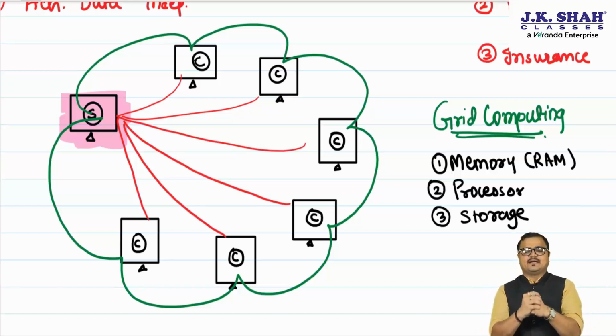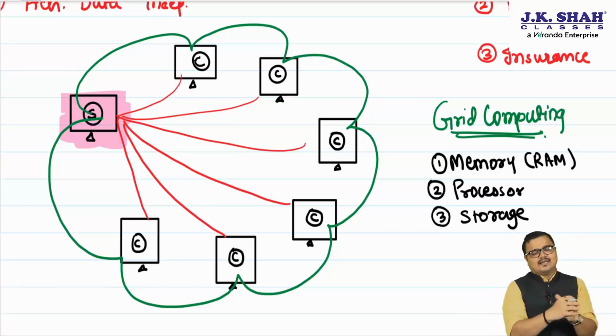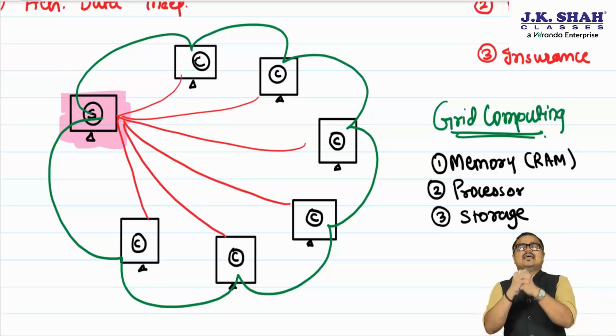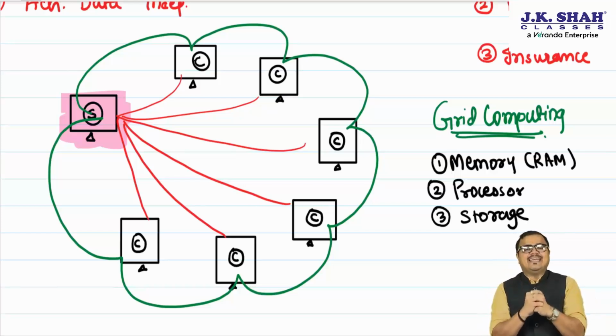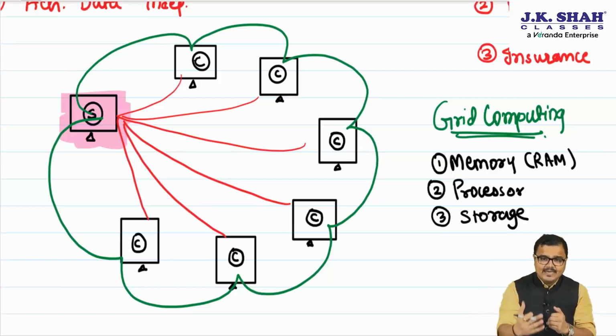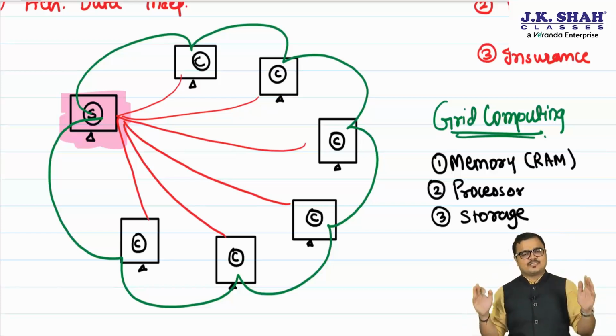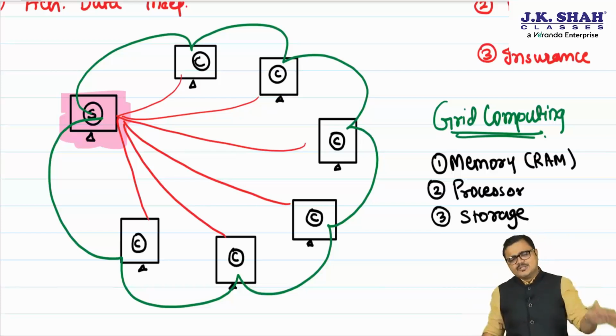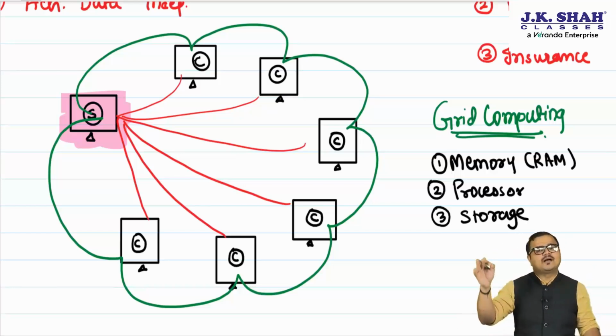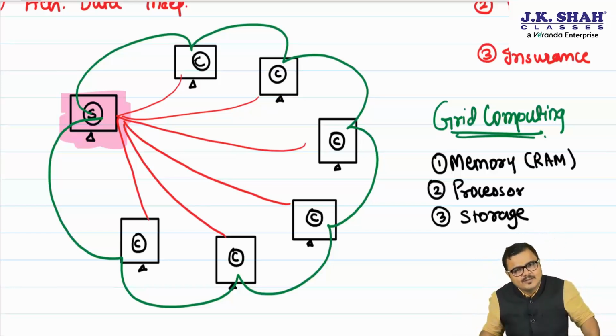Grid computing is nothing but a network structure in which each computer is connected with every other computer in such a manner that we can increase our processing capacity, processing ability, and importantly, we have huge storage available with us. Generally, you can say that it is a replacement of a supercomputer. Do you agree with me?